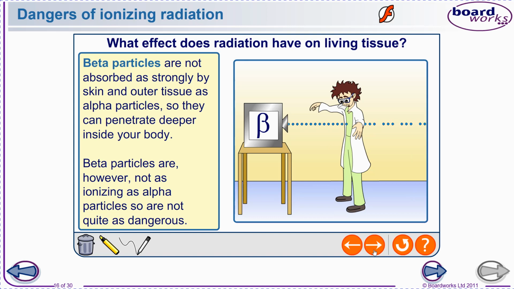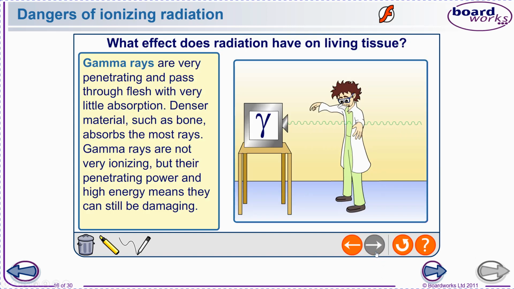Okay, so it might be that beta particles can pass through your body. However, they wouldn't have as much of an impact on the cells as they pass through. Okay, so beta particles, they're not absorbed as strongly, but they can penetrate into your body. Okay, so you've got the two different flip sides of this that we need to think about.